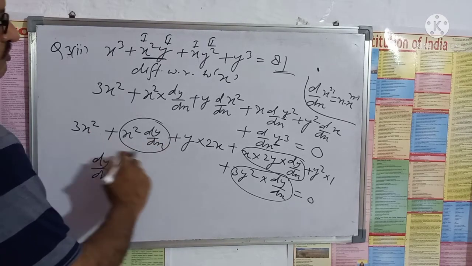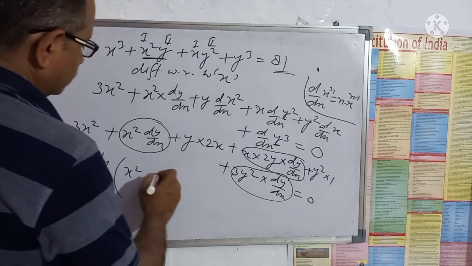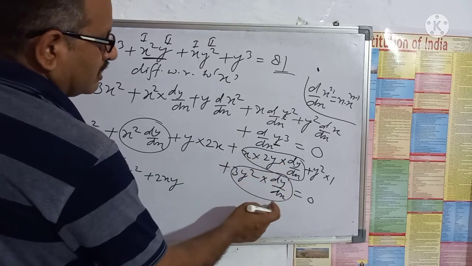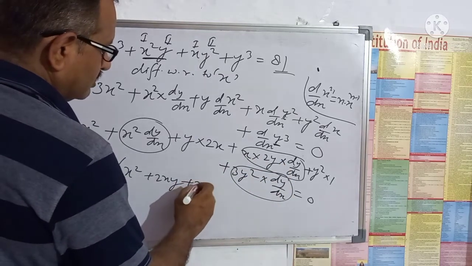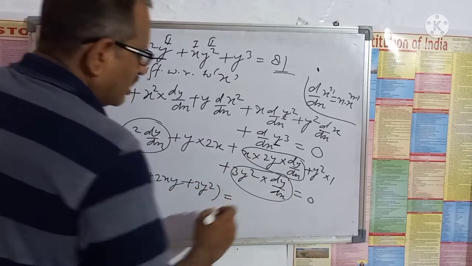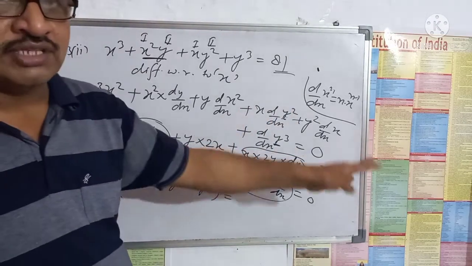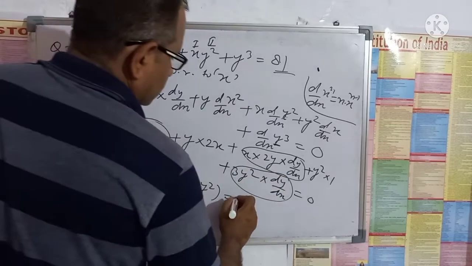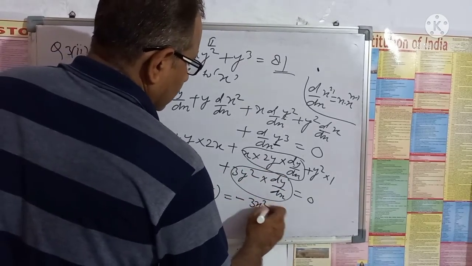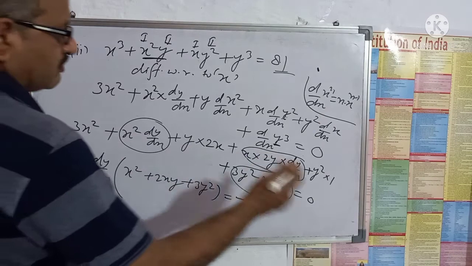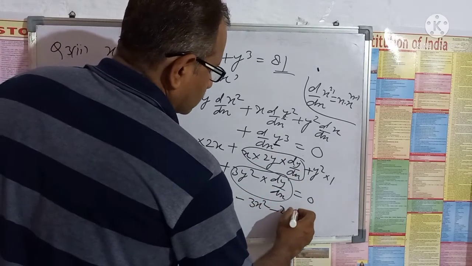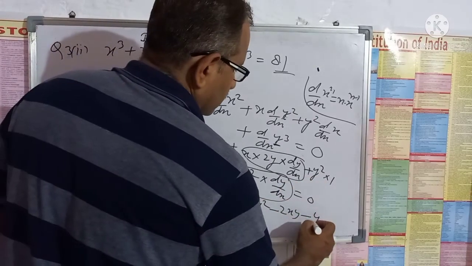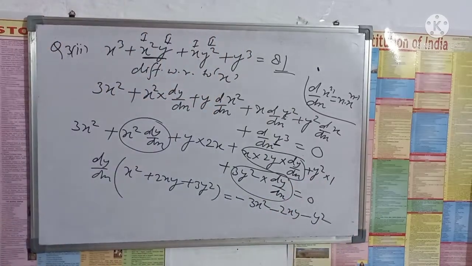We can get here x square and here 2xy plus 3y square, and transpose other terms on the right side. So the other term is 3x square, transpose it. So minus 3x square, minus 2xy and minus y square.